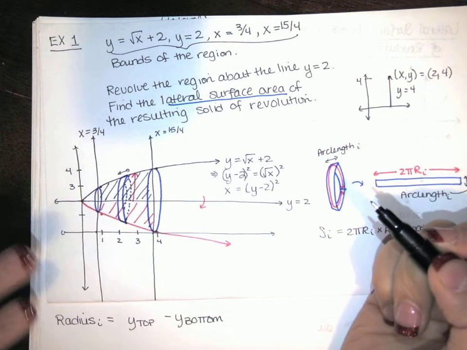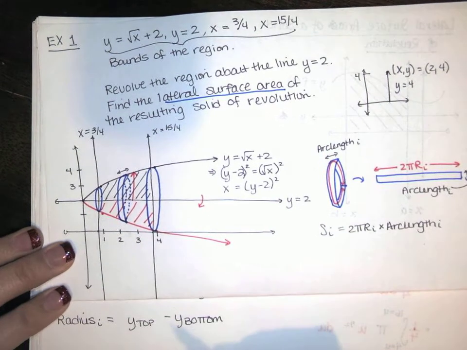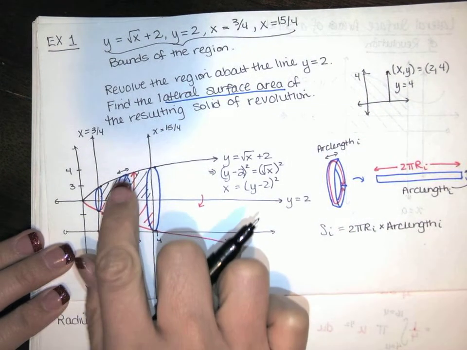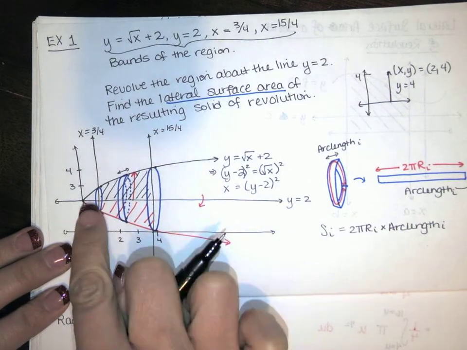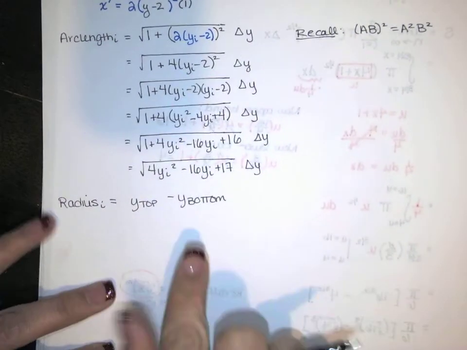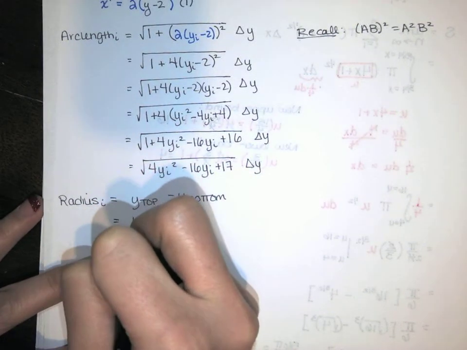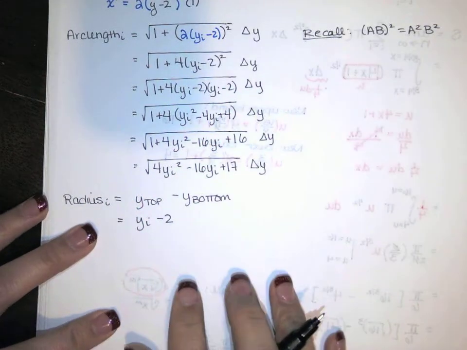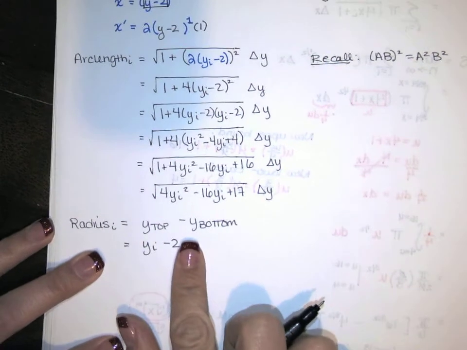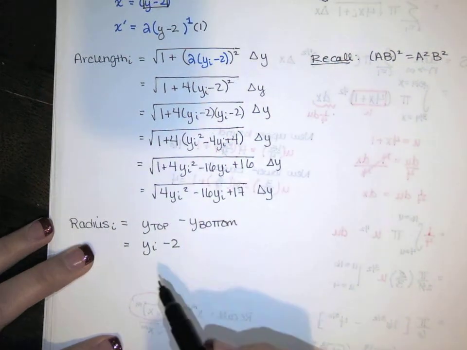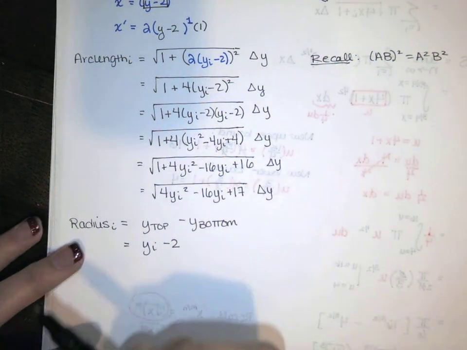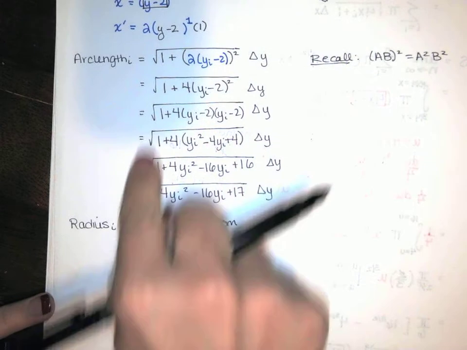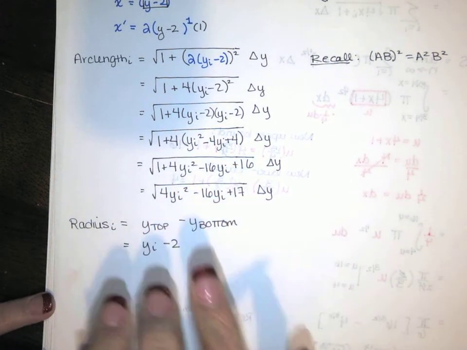It's how far off the x-axis it is. So in general, this top y value is just y. The bottom y value is 2. So in terms of y, we just get y minus 2. And actually, before I did all this algebraic rigmarole, yeah, it's going to be integrable, but I don't think I'm going to need to do all of this. So keep that in mind.